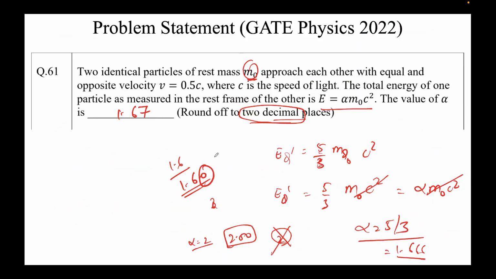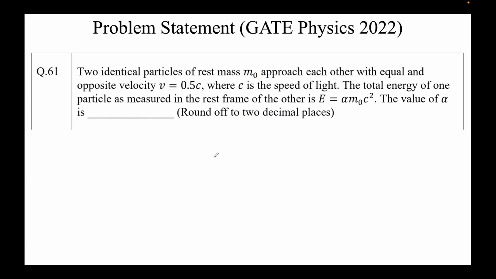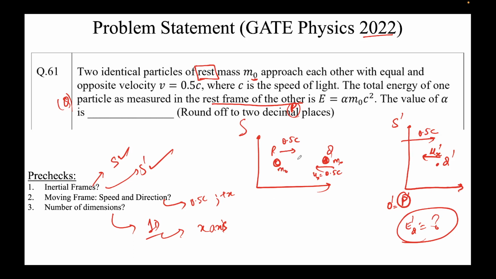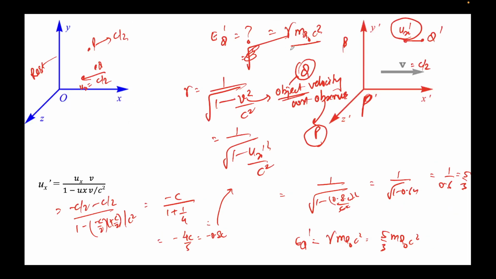I'll again just summarize this question. So there were two particles approaching each other, which we see here, P and Q, and these are the directions. And we needed to find the energy of Q in P's frame. So we drew another frame, the moving frame, with the same velocity as P. You see this velocity is 0.5c, and we simply needed to find ux prime, because in the energy formula this gamma term is there, and gamma depends on the object's velocity relative to the observer.